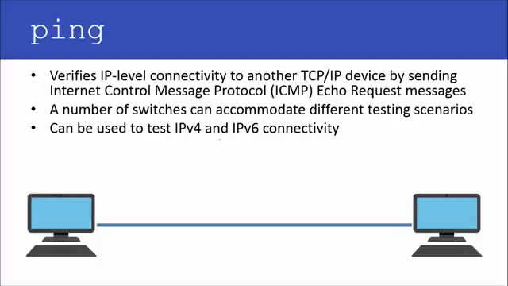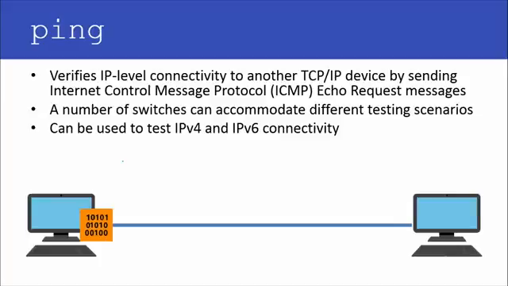Ping. Ping is another one that you're commonly going to hear people say, "Hey, can you ping me later?" Or, "Oh, I'll ping you." That means that what they're going to do is send you a quick chat or a message. And computers have their own form of that, and that's why people say, "I'm going to ping you later." Right? What ping does is it verifies IP level connectivity to another TCP/IP device by sending an ICMP echo request message.